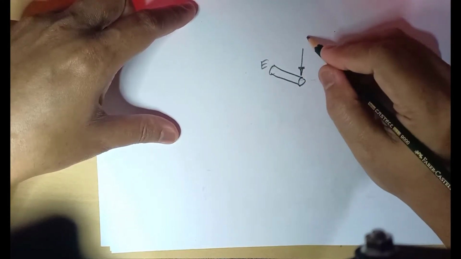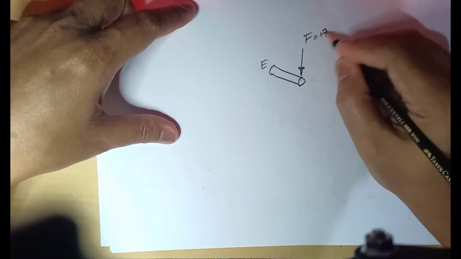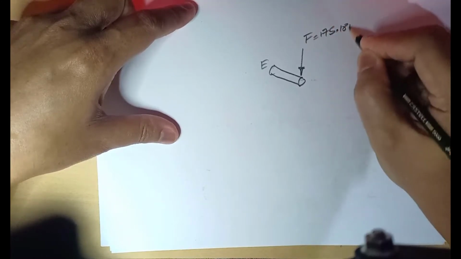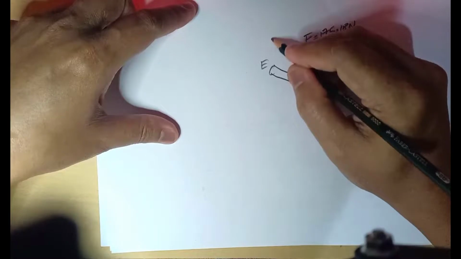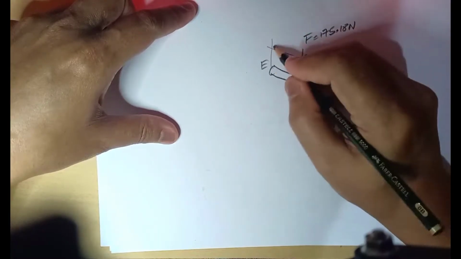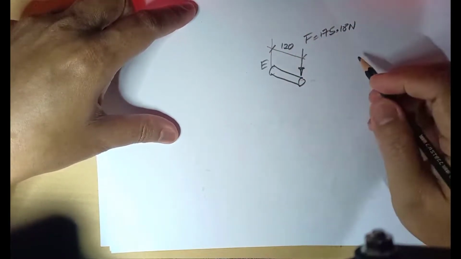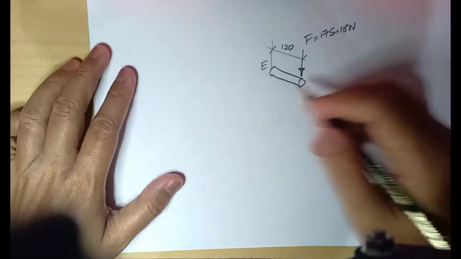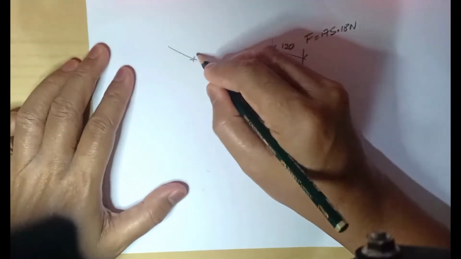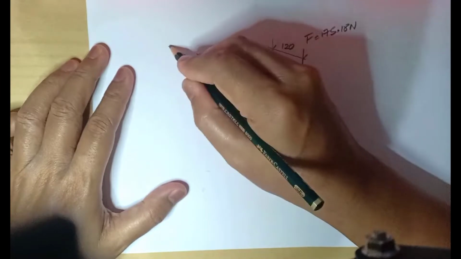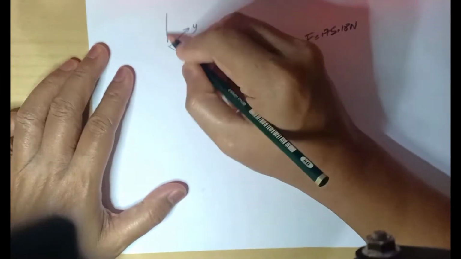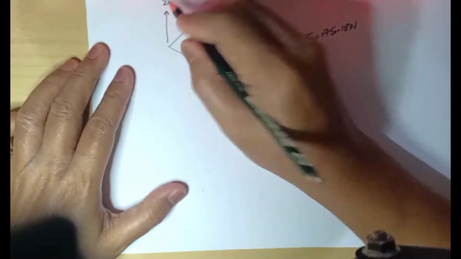The force is 175.18 Newton downward, and the distance here is 120. Right, and we know this is our x-axis, this is our y-axis, and this is the z-axis.